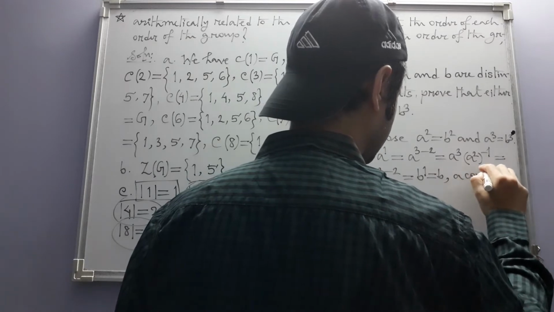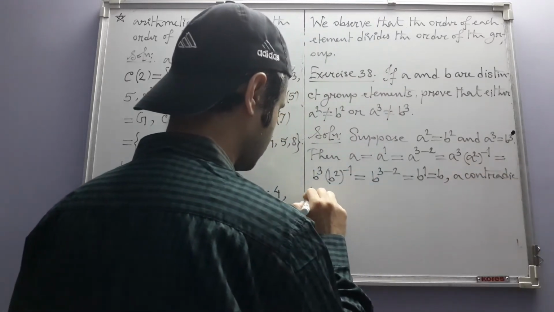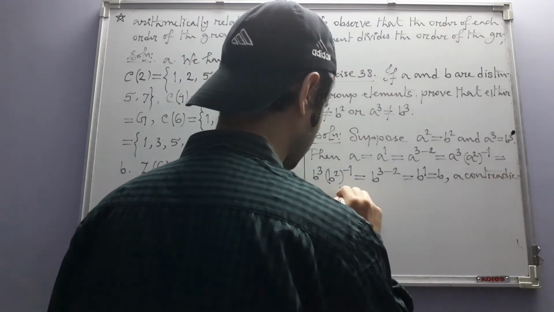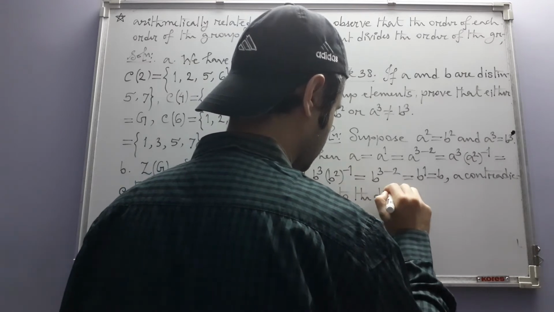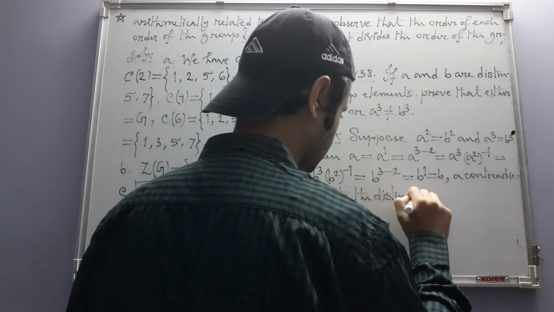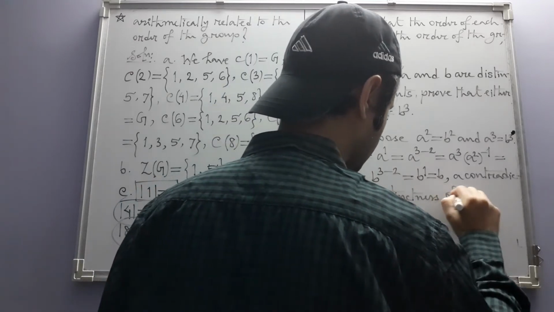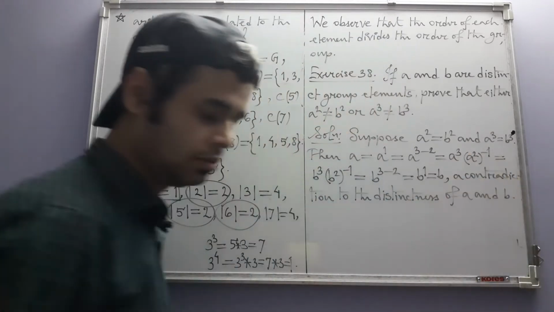So a equals b, a contradiction to the distinctness of a and b.